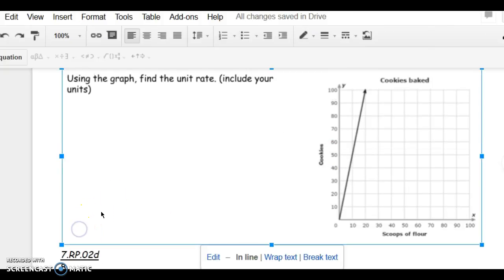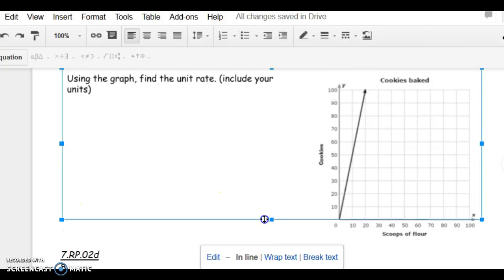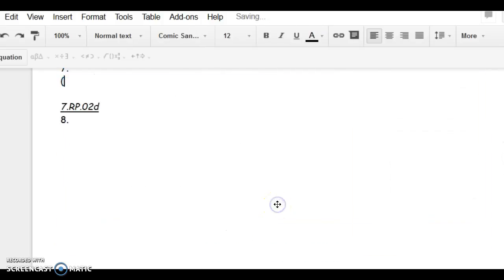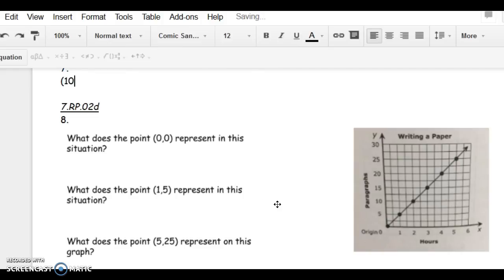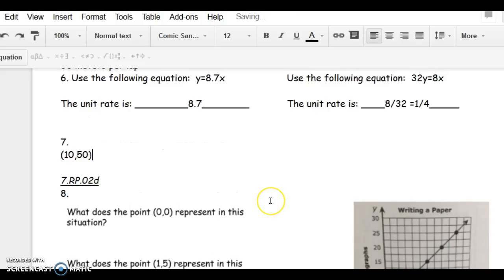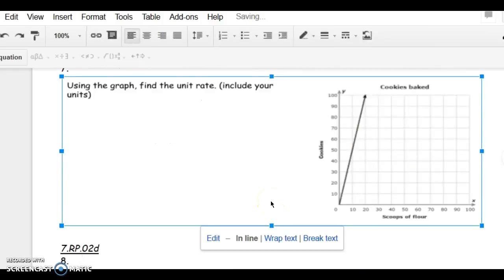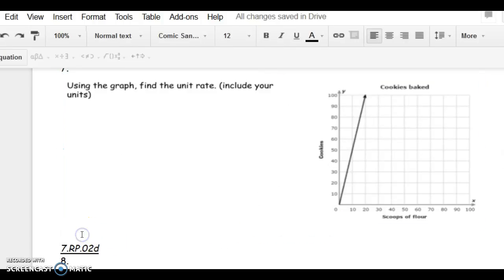So if I recognize that the point was (10, 50), I take any point, and it's just like a table.